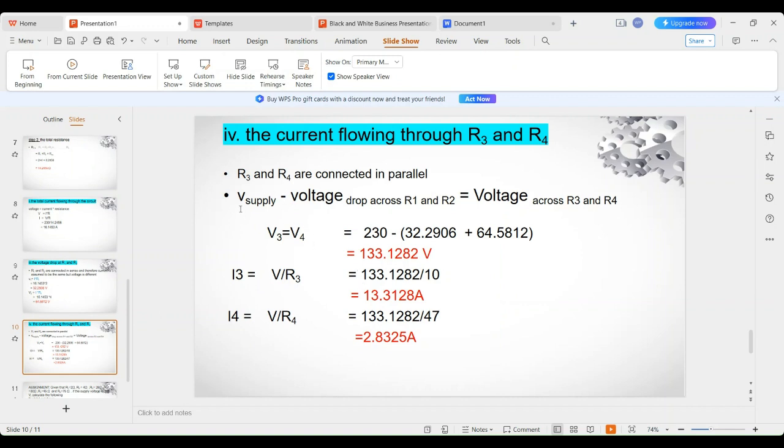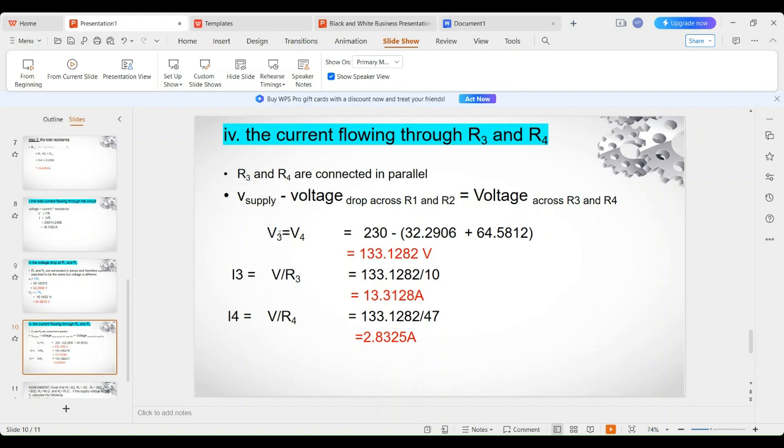So, our supply voltage, which is 230, minus the voltage drop across R1 and R2, will give us the voltage drop across R3 and R4. Is that clear?